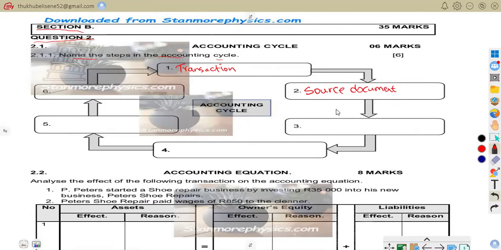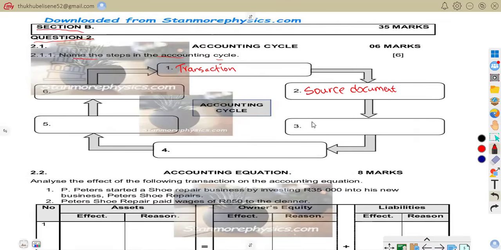Examples of source documents are an invoice, a receipt, a register slip, a deposit slip, and even a check counterfoil. For example, if goods are bought, the supplier gives an invoice showing the date, amount, and items bought.